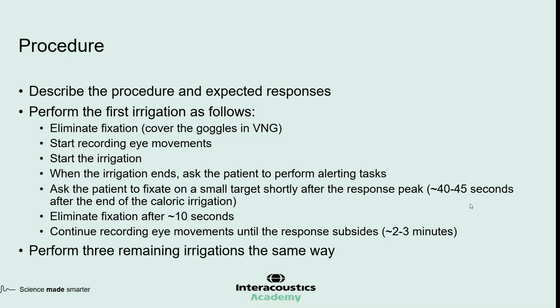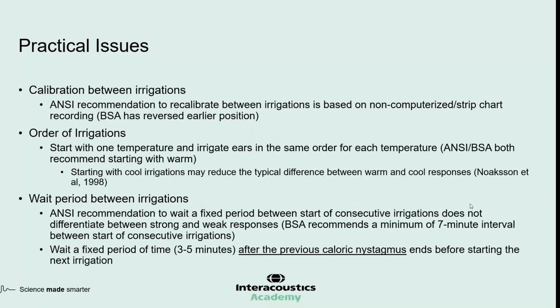There's really no exact rule here, and after 10 seconds or so you can again remove fixation and put the goggle cover back on. Continue the recording until the nystagmus goes away. That's usually about 2 or 3 minutes from the onset of the irrigation. You wait a period of time, which we'll discuss in a minute, and then you perform 3 more of those irrigations the same way. Now, based on that description, some of you may have questions about practical issues.